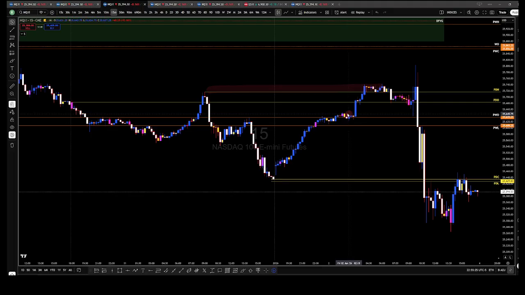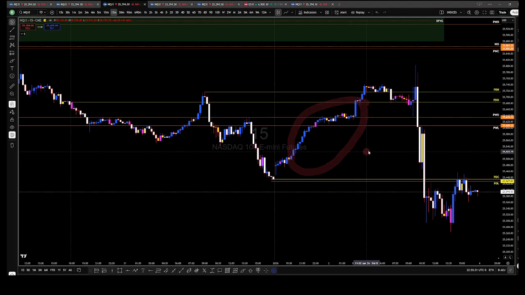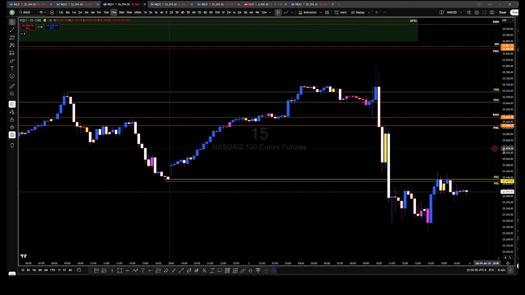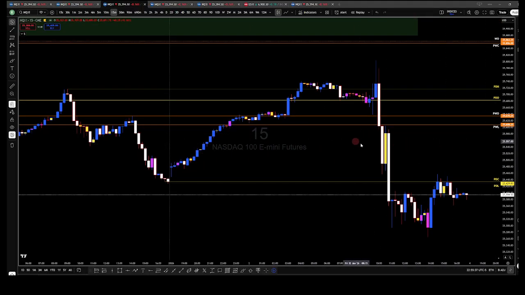But can you relate that all these bars are in the overnight session when there's no volume, when it's very slow? So at 9:30, the bars, the candlesticks, they go huge.